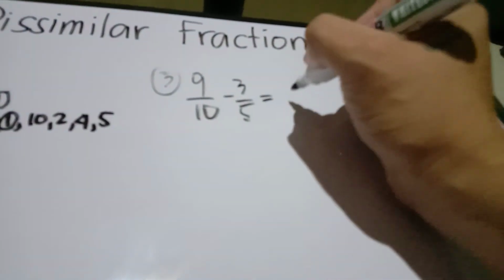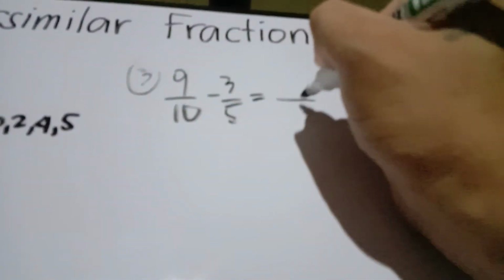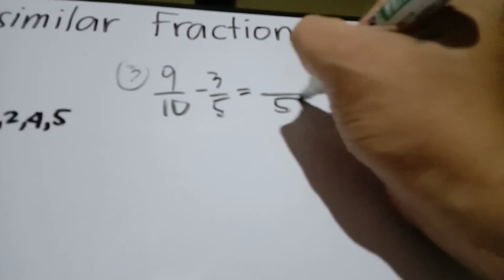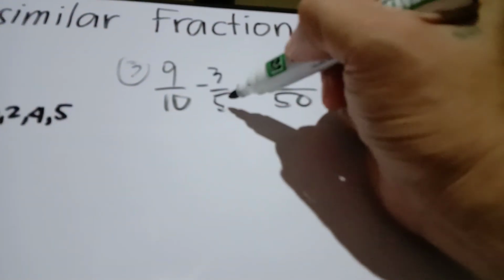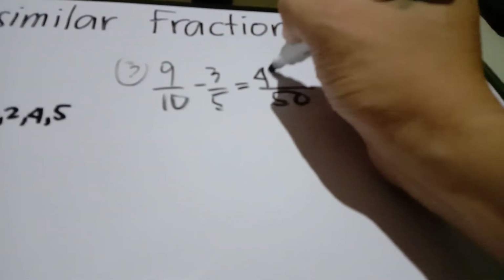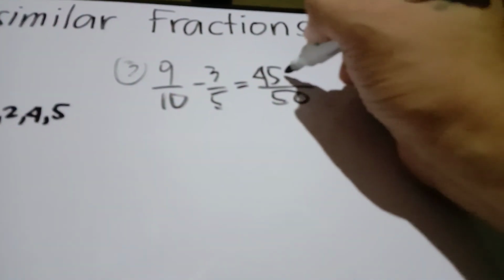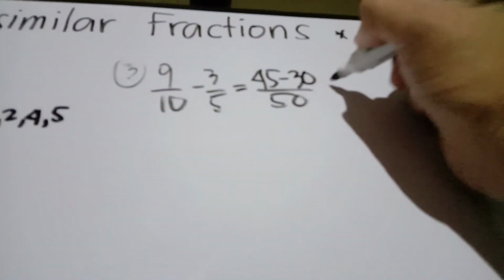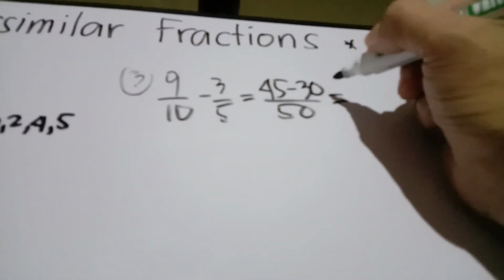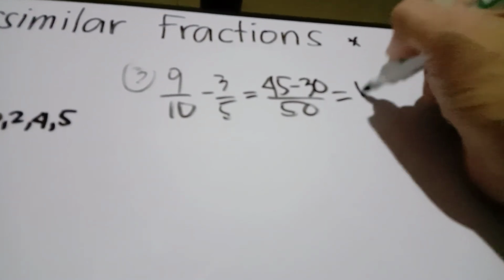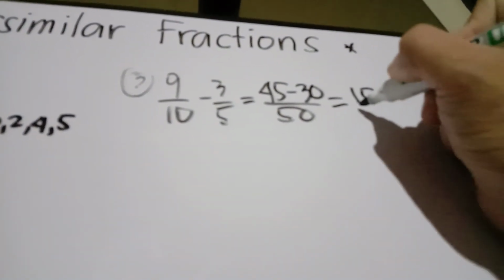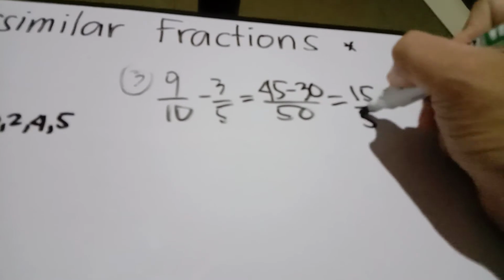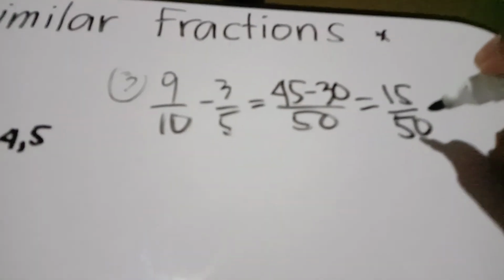So 10 times 5 is equal to 50. Then 9 times 5 is equal to 45. 10 times 3 is equal to 30. Then subtract 45 minus 30, that is equal to 15. And just copy the denominators. So the answer is 15 over 50.